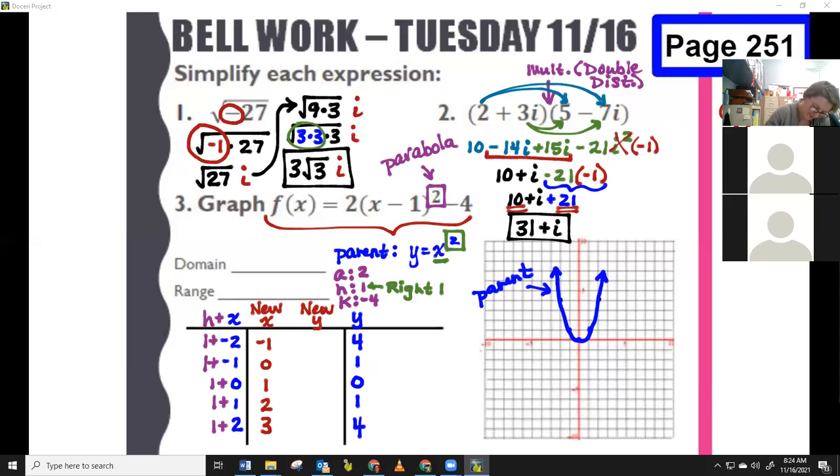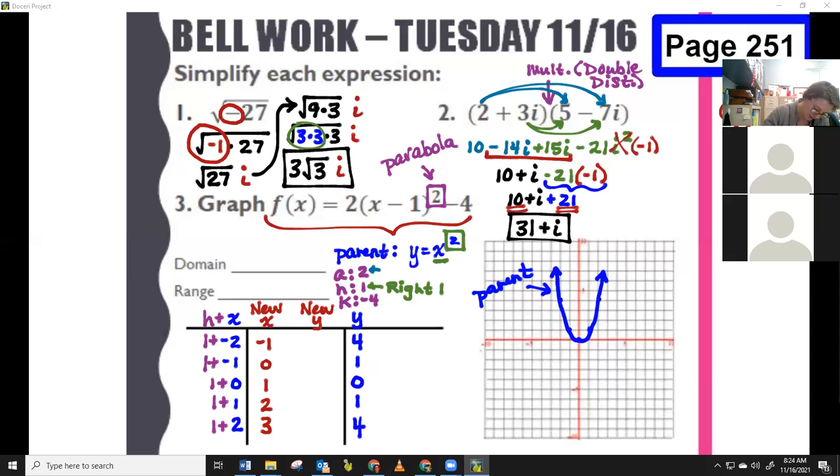What will the A value of 2 do to my graph? It'll either compress, stretch, or reflect it. It's going to stretch it. This is a +2. And if I take 2 and I multiply it by something, it's going to make it bigger.